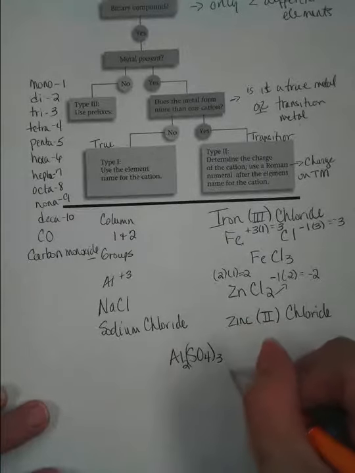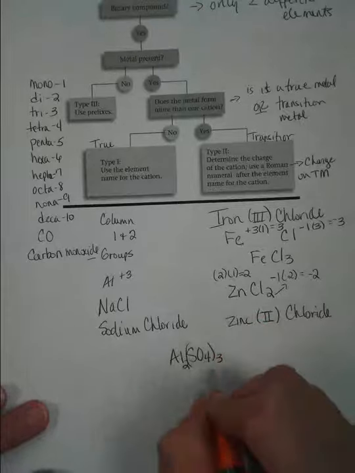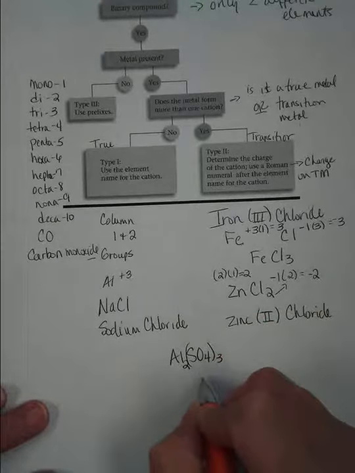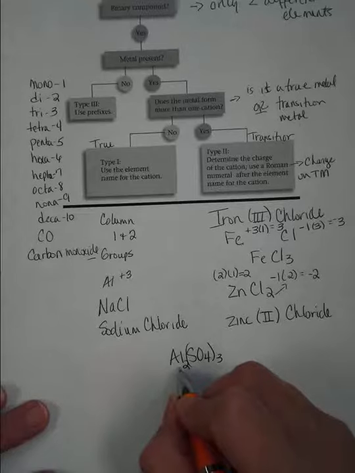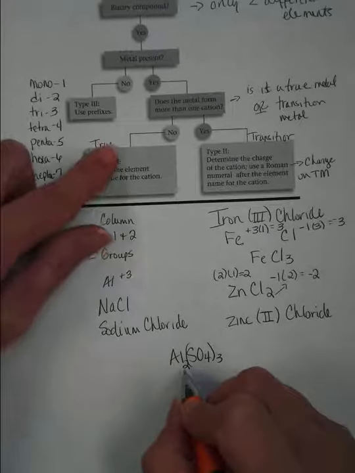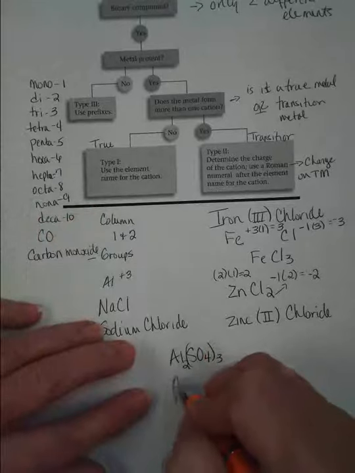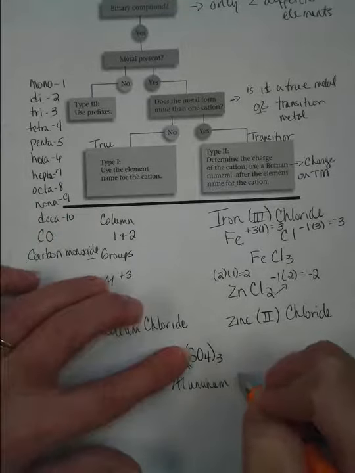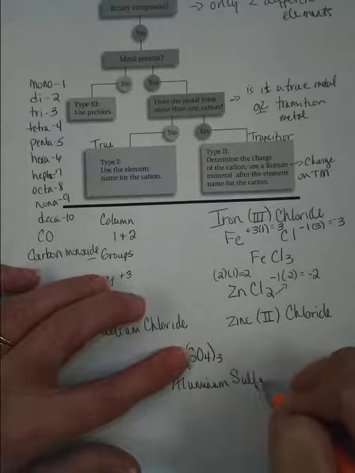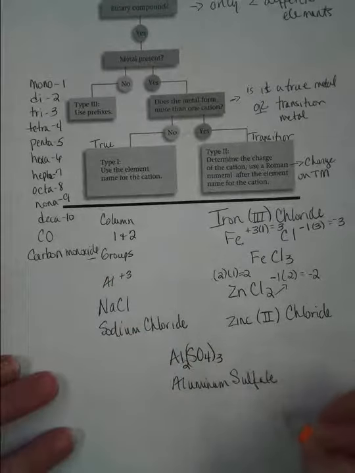If it's not binary, then we start looking for polyatomic ions. First of all, it's not binary because we have 3 different elements: aluminum, sulfur, and oxygen. We also notice that aluminum is considered one of our true metals, so we're just going to name it like we would a type 1. We're going to say aluminum, and SO4 is sulfate. That's all we have to do to name that polyatomic ion.